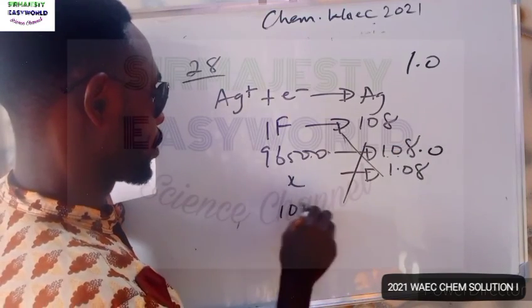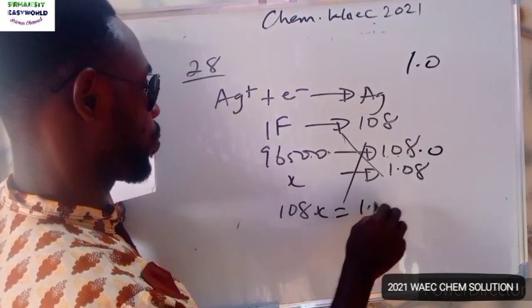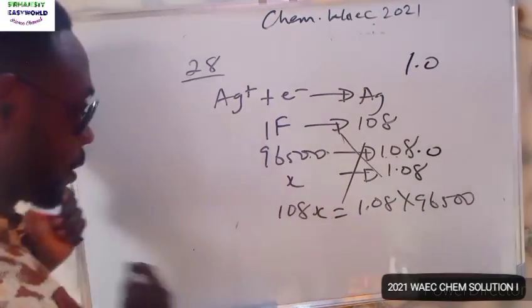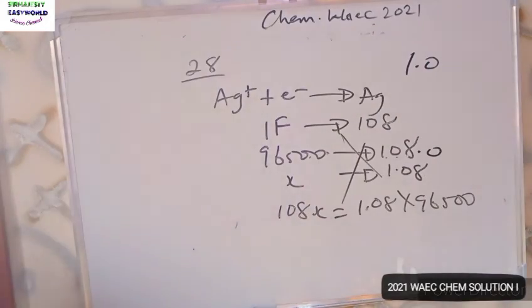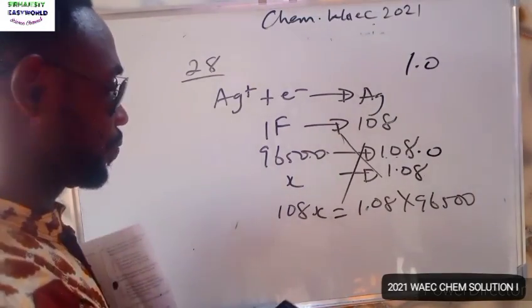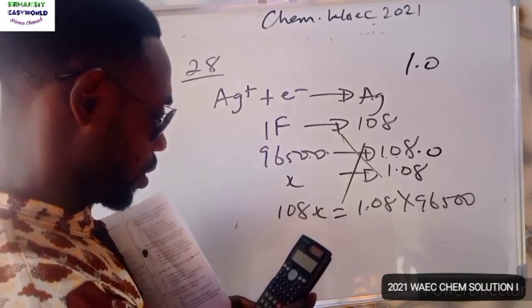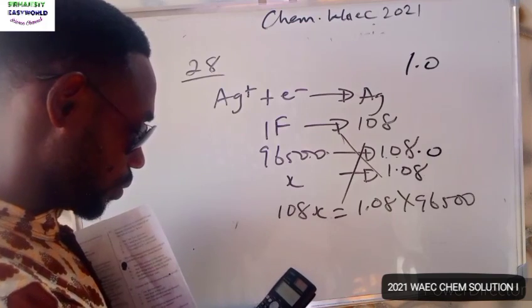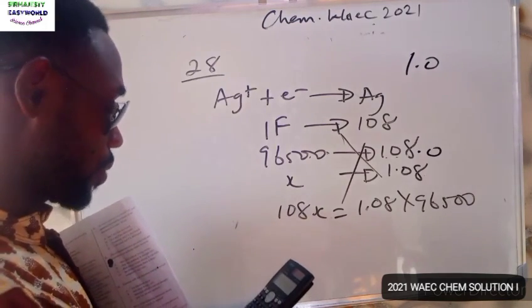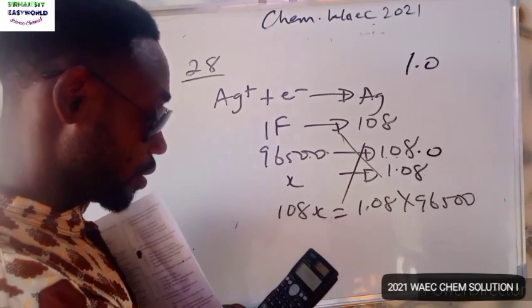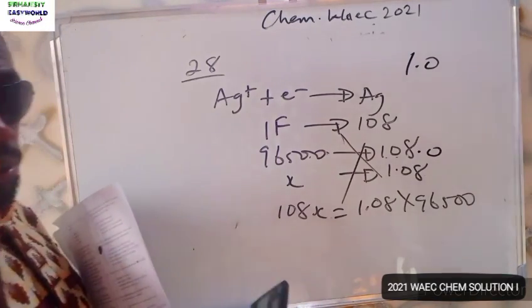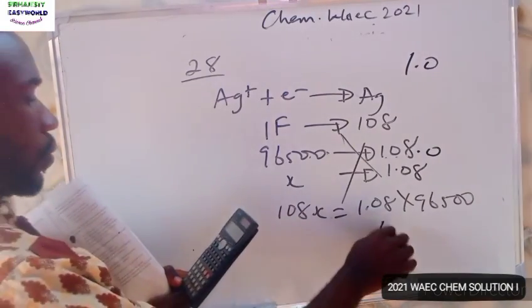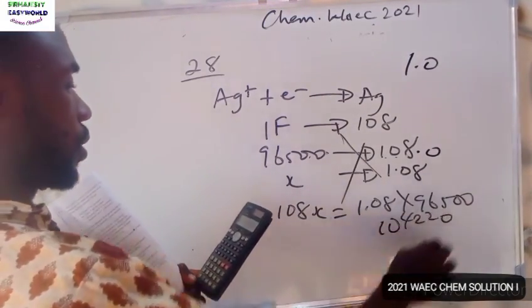What will it be? 108x is equal to 1.08 times 96,500. So in the calculator department, you have 1.08 times 96,500 is equal to 104,220.